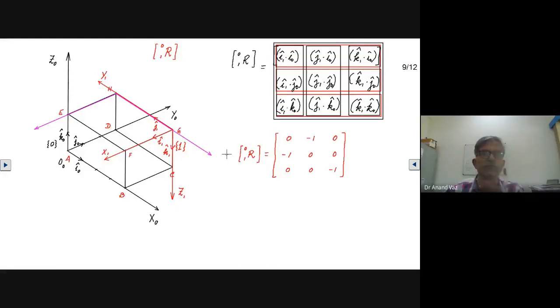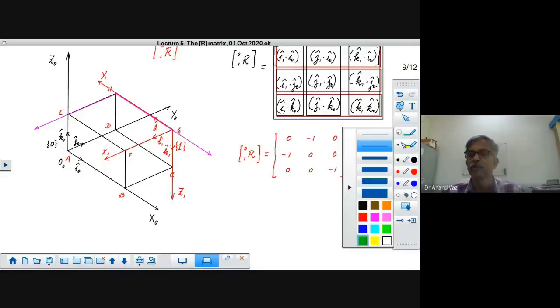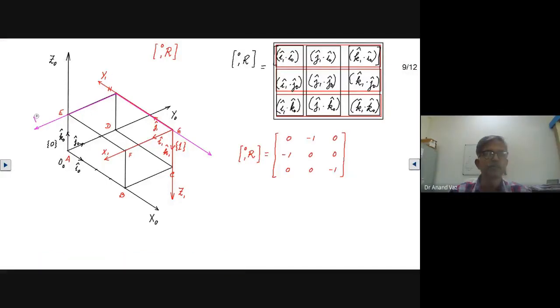Let's designate the axes: this as X, this is Y, and naturally Z will be upwards. So let's take this as X2, Y2, and naturally Z will be perpendicular. I'm not showing that.